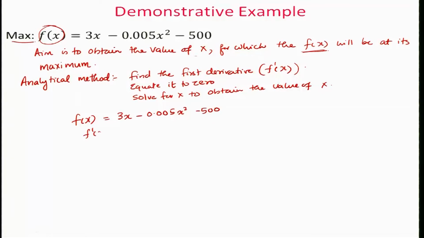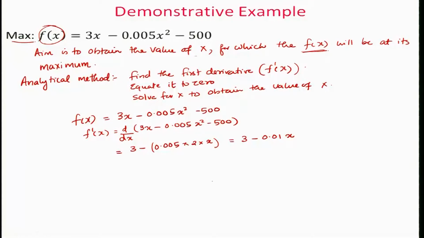So, f dash x, the first derivative, equals d by dx of 3x minus 0.005 x square minus 500, which will translate to 3 minus 0.005 times 2 times x, and the constant's derivative will be 0, which will be equal to 3 minus 0.01 x.